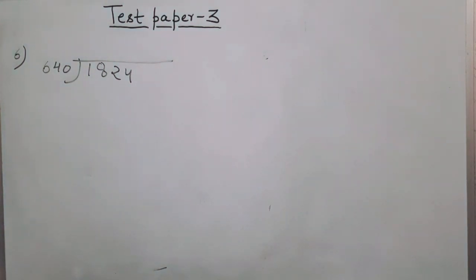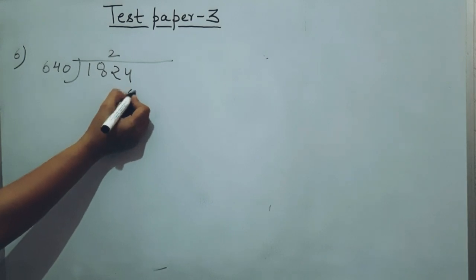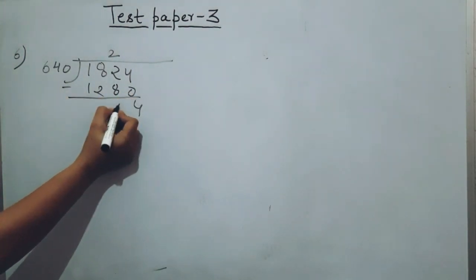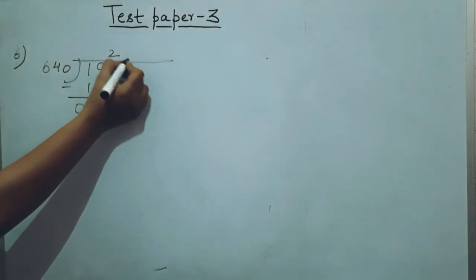Now what do we have to check? What comes in the table of 640 that is 1824 or less? So we know that 640 twos: 2 zeros are 0, 2 fours are 8, 2 sixes are 12. Now we have got 544. Now can we place a decimal point?